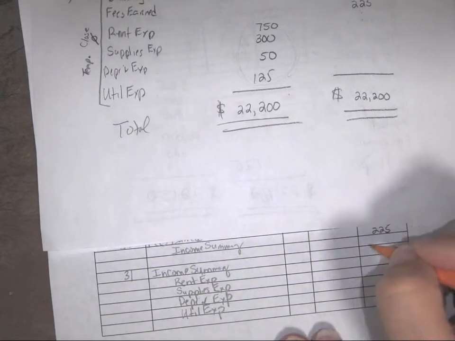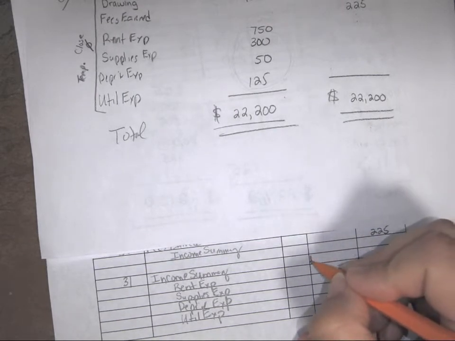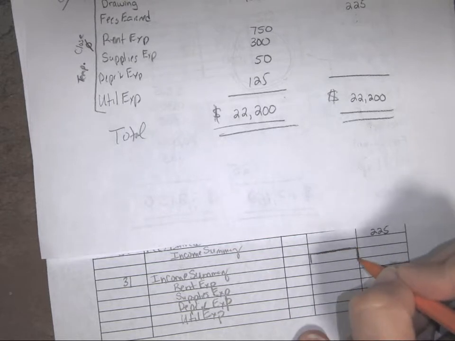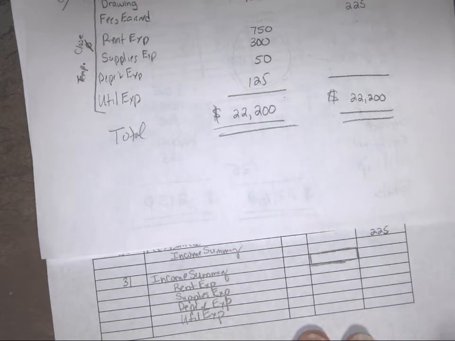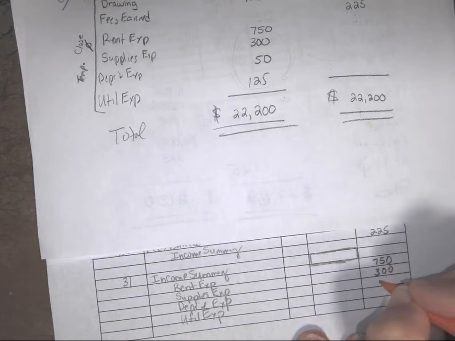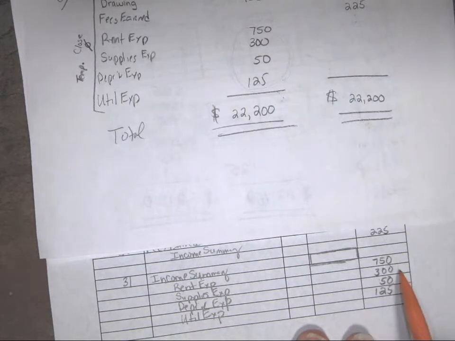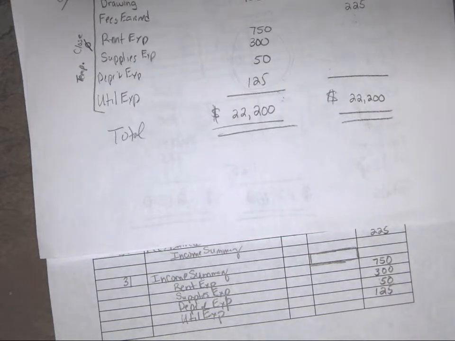I am going to come back to that amount in just a minute. I just want to go ahead and put all of these amounts in. So I have 750, I have 300, I have 50, and I have 125. And notice I'm just taking all of these that are on that debit side and I'm putting them over here on the credit side. The next thing to do is just add all of those amounts up.